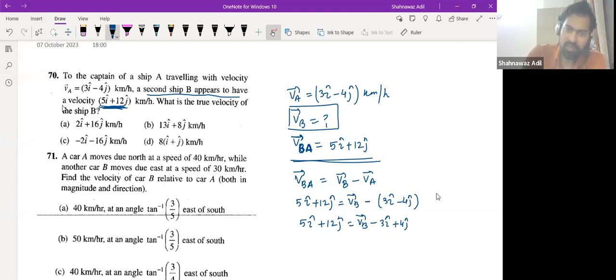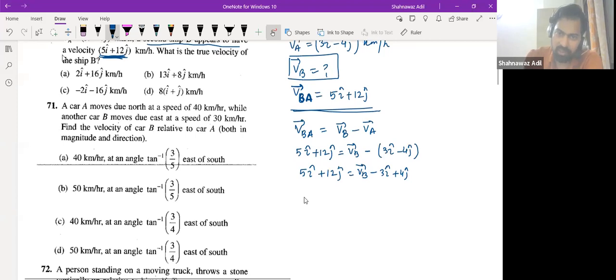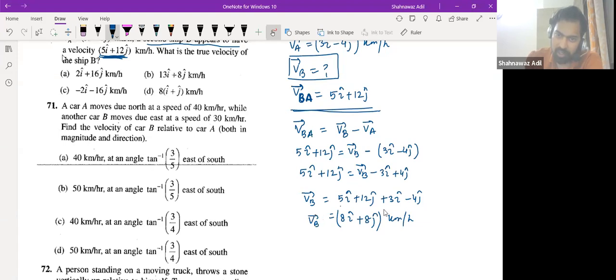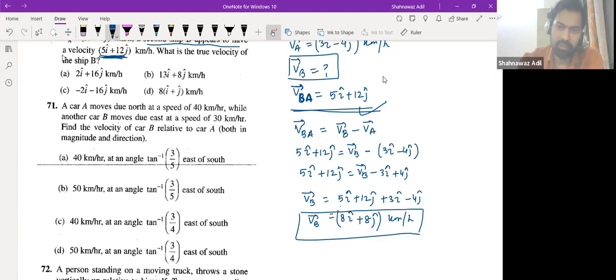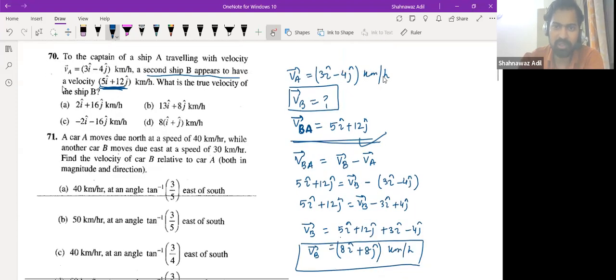So this will go to the left hand side and VB will become 5I plus 12J plus 3I minus 4J. So 5 plus 3, 8I and plus 8J kilometer per hour. So this is the actual speed of ship B. But it is appearing that it is moving with this much velocity because both the objects are moving, and that happens due to this relative velocity.